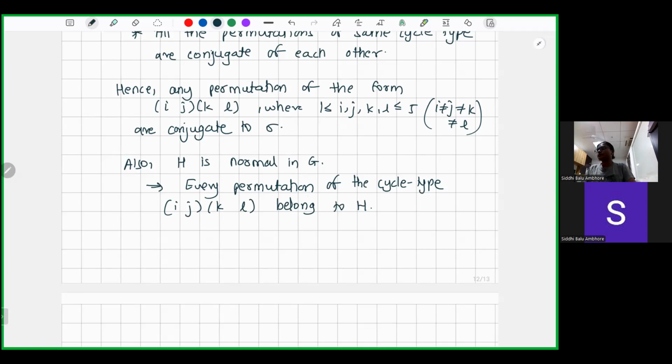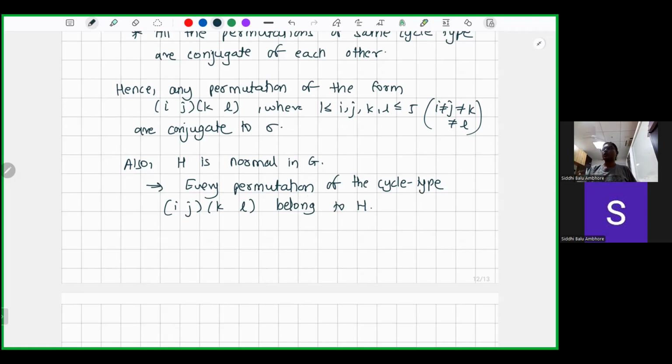Because that's how we have chosen this H. So any 2-2 cycle is a conjugate of sigma.